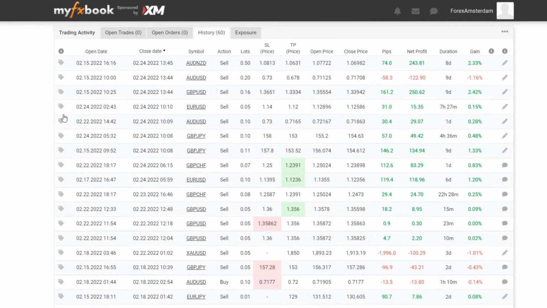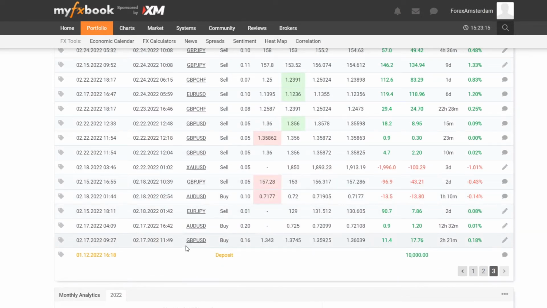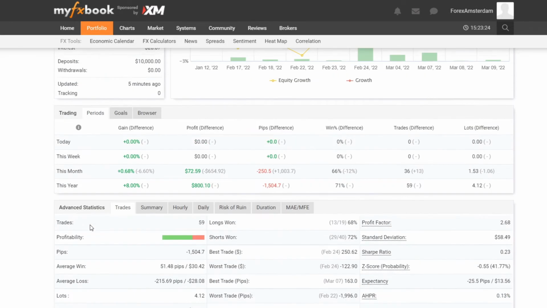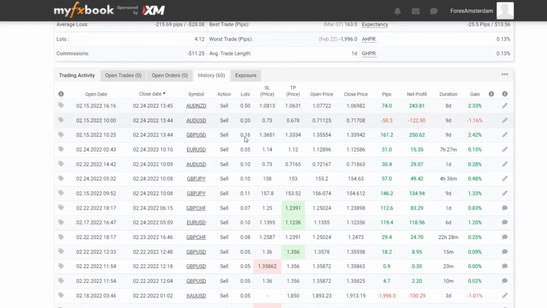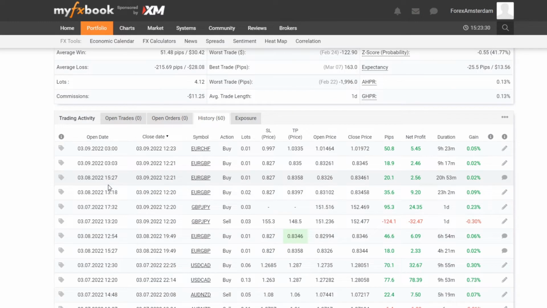So I started, let me see, this is the 17th of February. My first trade, GBPUSD, and that was a small winner. But that is when I started. And when did I finish? Let me show you as well. My last trade was the 9th of March.